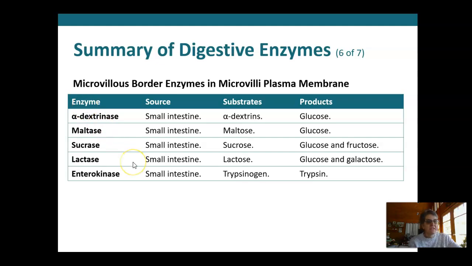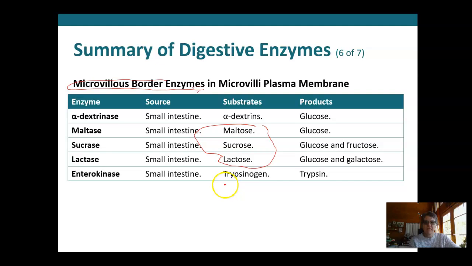And then you have these interesting little enzymes coming off of the brush border, the microvilli in the villus. We have brush border enzymes for carbohydrates, like sucrase, lactase, maltase.